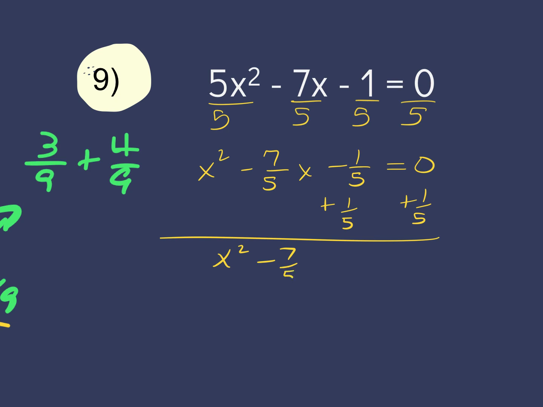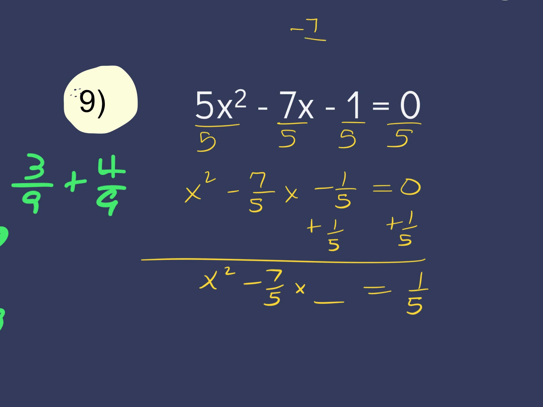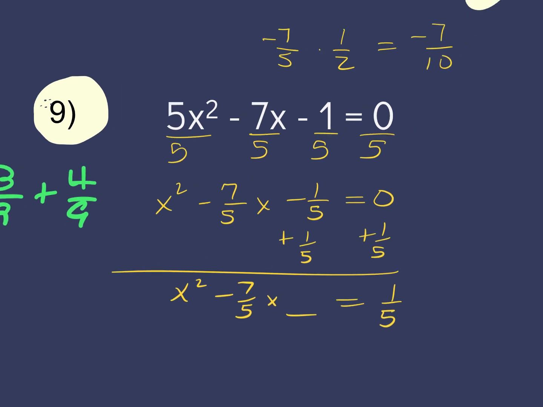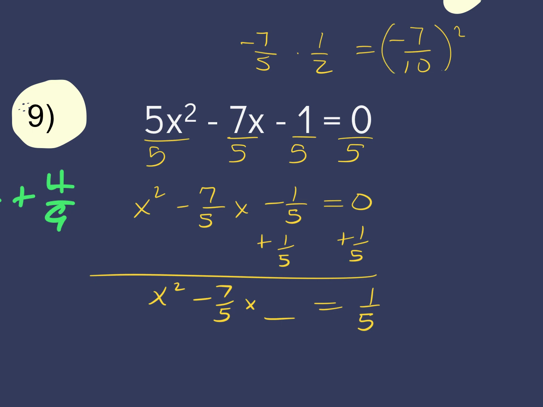You can divide -7/5 by 2. We're going to multiply it by a half. Take the b term, negative 7 over 5, times a half, which is the same thing as dividing by 2. It's going to give you 7 over 10, and squared that's 49 over 100.